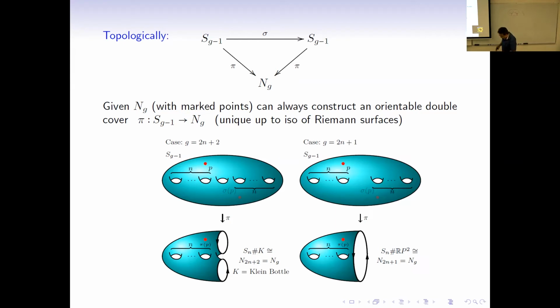So the thing is, you want the projection and sigma to be dianalytic, and that's it. So you want this covering map to be compatible with all the structures.